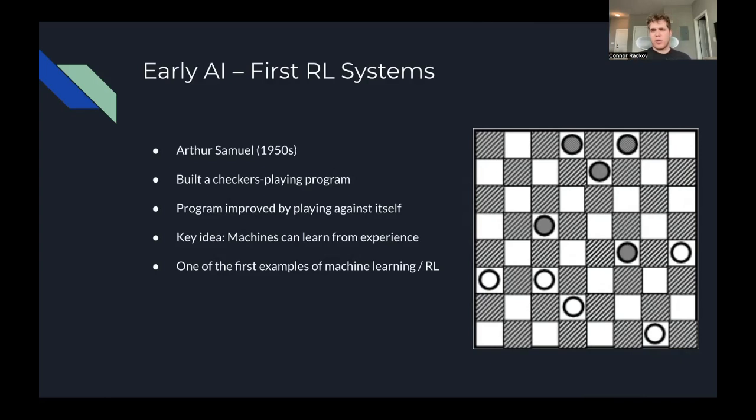The key idea here was that machines can actually learn from experience. This was very revolutionary because it shows that you could train a machine the same way that Ivan Pavlov trained his dogs to salivate. And like I said, this is one of the first examples of machine learning and reinforcement learning in the real world.